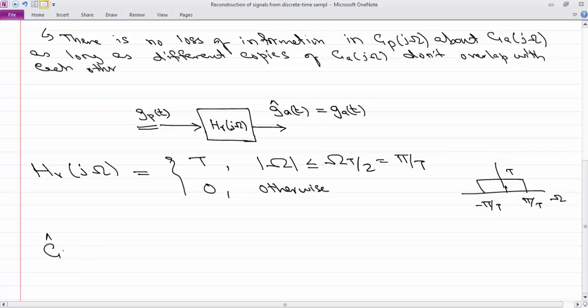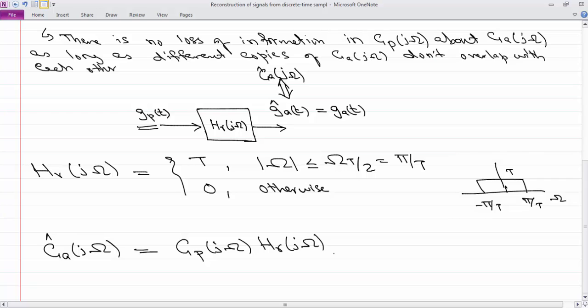So let's write the Fourier transform of this as g hat A of j omega. What's the relationship between the frequencies of the output with the frequencies of the input and the filter? So g hat A of j omega is simply g_P of j omega times H_R of j omega. And now we just plug in the values.